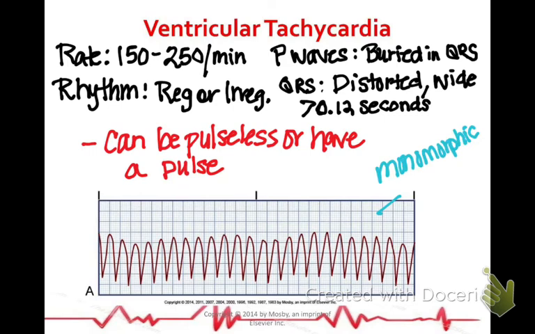This is considered monomorphic. See how they're all the same? Similar? We're going to talk about polymorphic too. Their complexes are around the same size, shape, and they're going in the same direction.